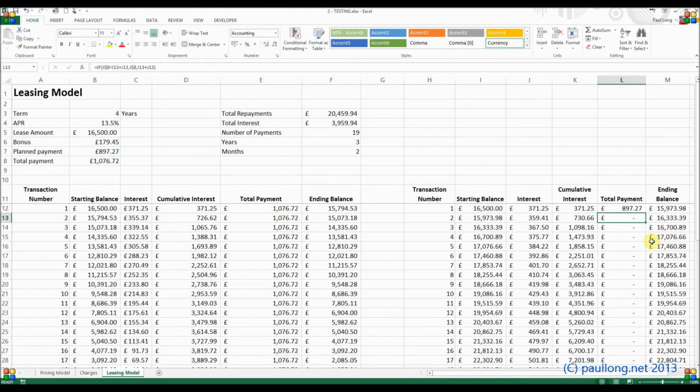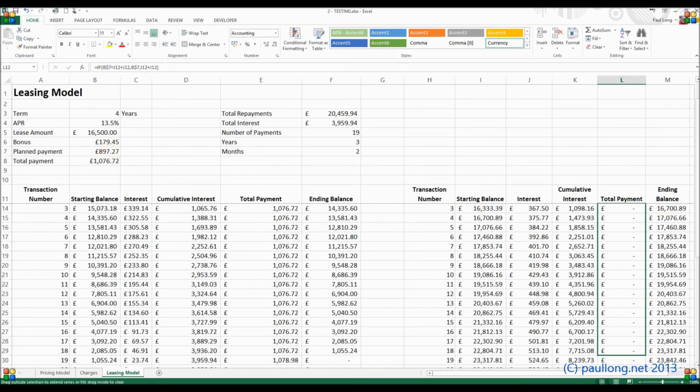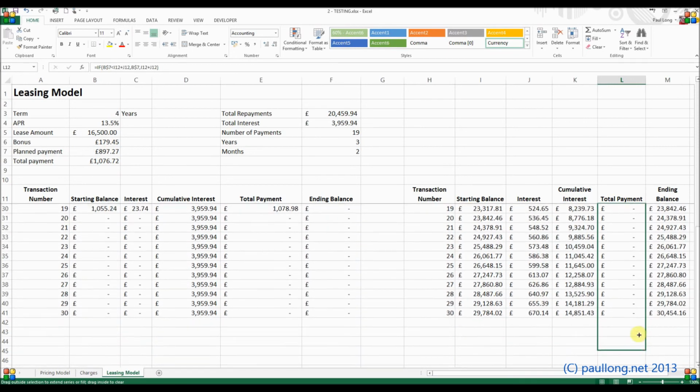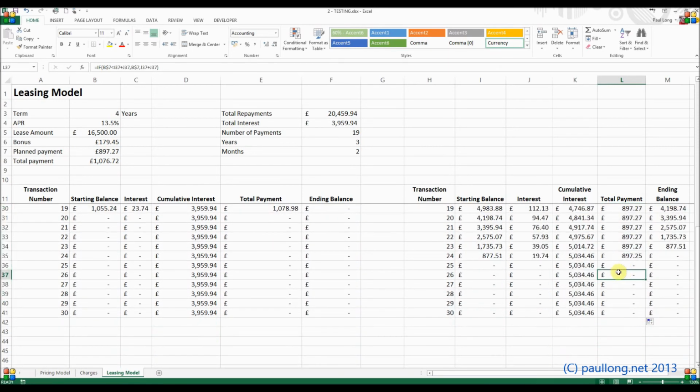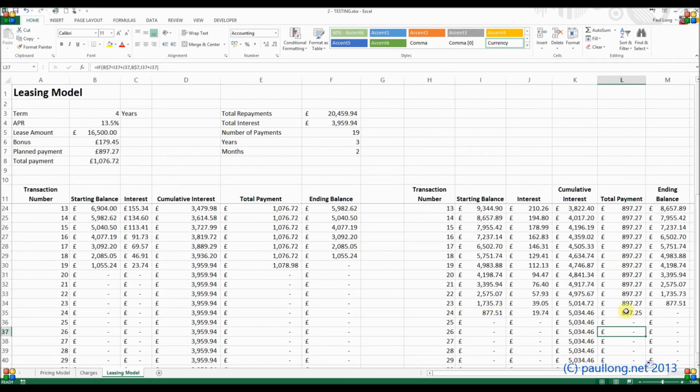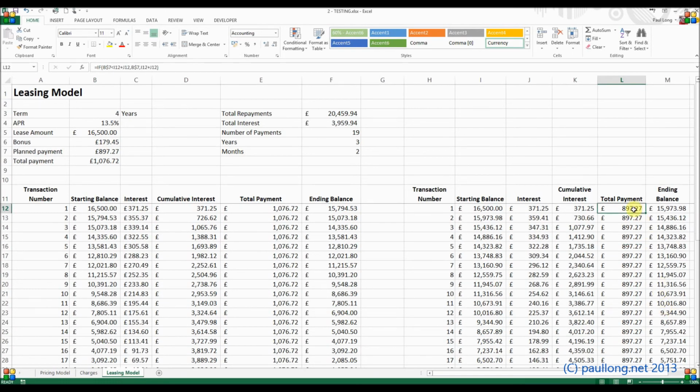We'll just have a look at this and we can see now that we've got a total payment of £897.27. So if I copy that down, right, that's worked for us, and now this is showing us when we'll have completed the payments. And if we just have a look at this again, we just need to understand what it's saying.